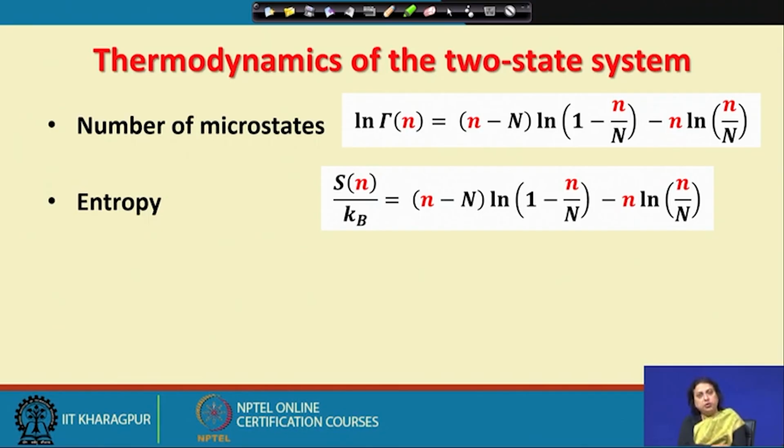Now, I am going to go a little beyond, to what happens to the system if I introduce the concept of temperature. In an isolated system, you must be very careful. If you are studying an isolated system, it is not interacting with the surroundings in any way, so it is not exchanging energy with its surroundings.